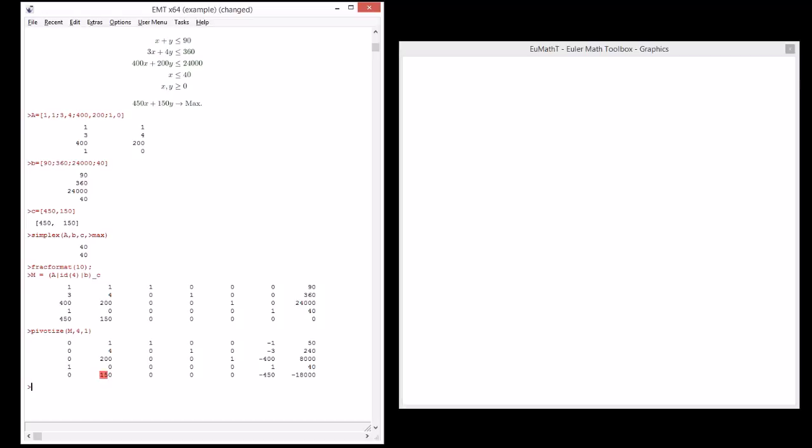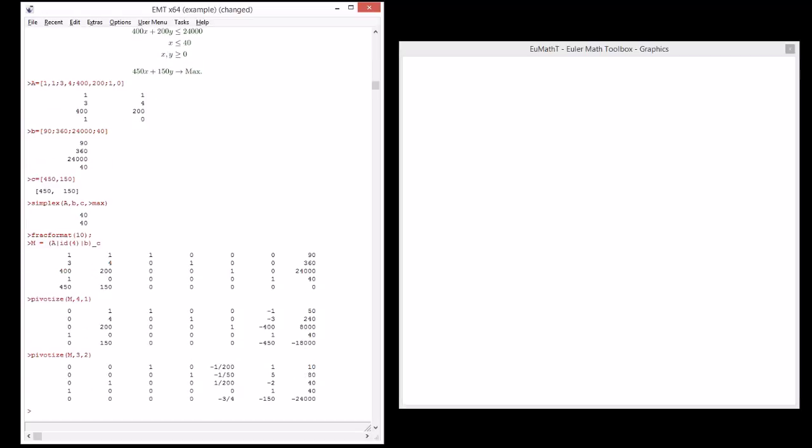Next, we need to handle the 150 at that place, and we need to select the pivot between these elements. The correct pivot will be that one, so we pivotize the third row and the second column.